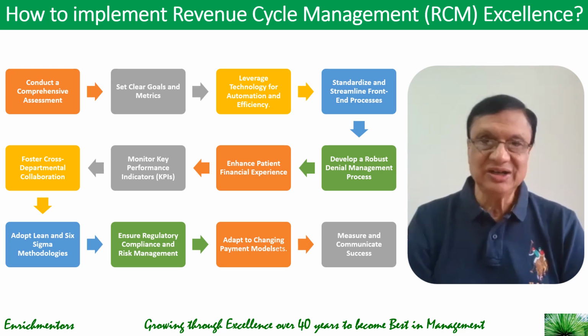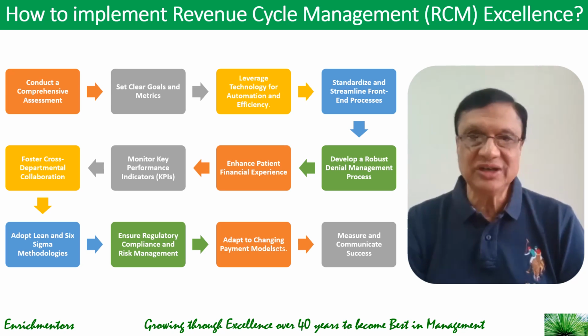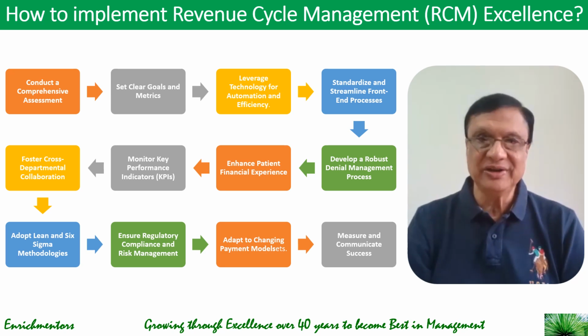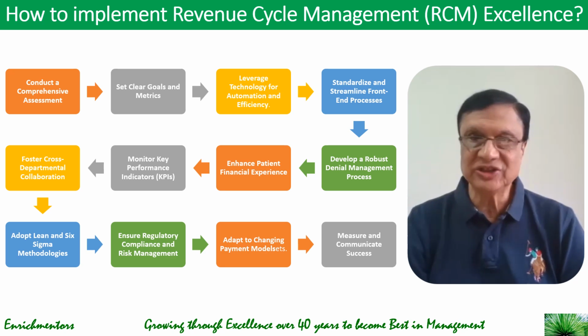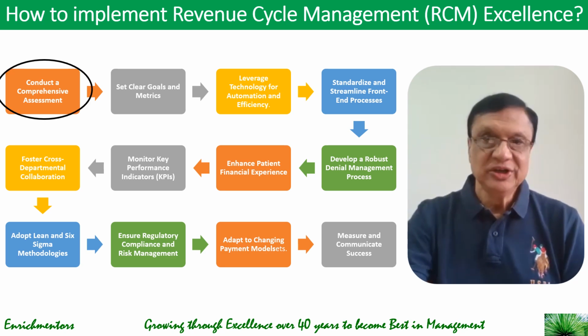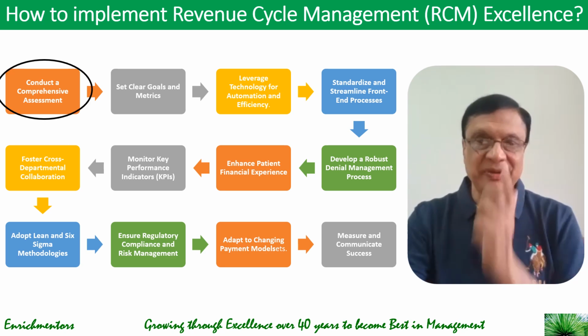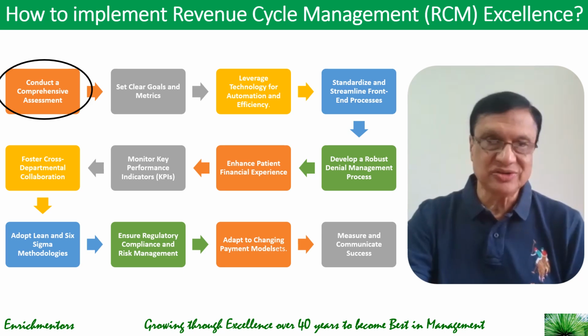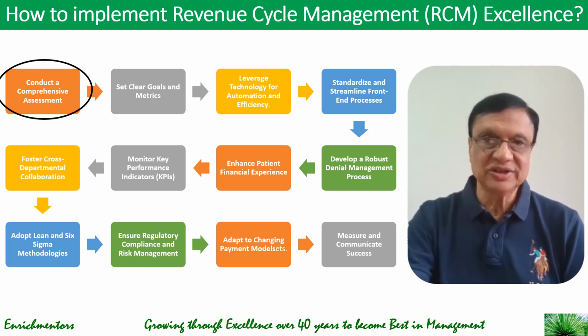So these are the 12 steps that you need to take to implement revenue cycle management excellence. Let's take a quick overview of the first step, and in the subsequent lectures we will look at them in detail, because the details are a little longish to cover now here.